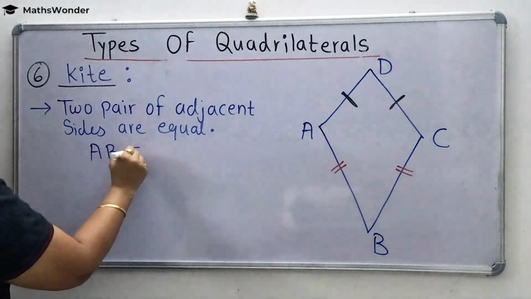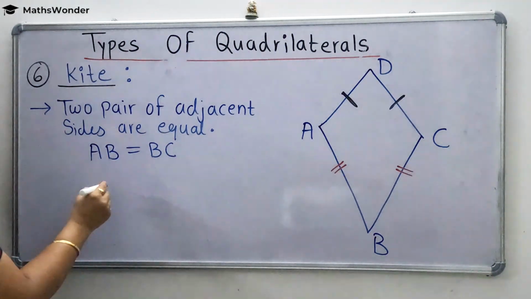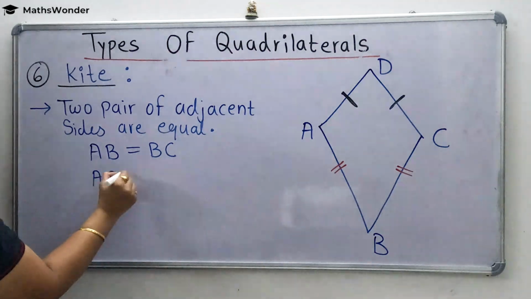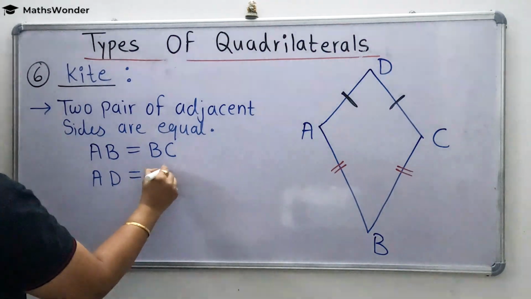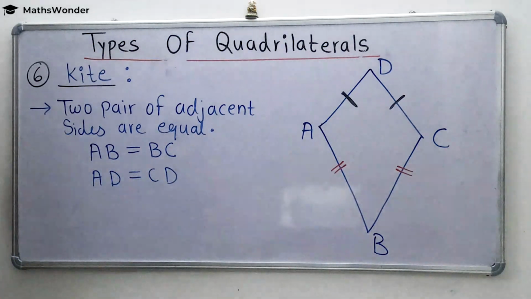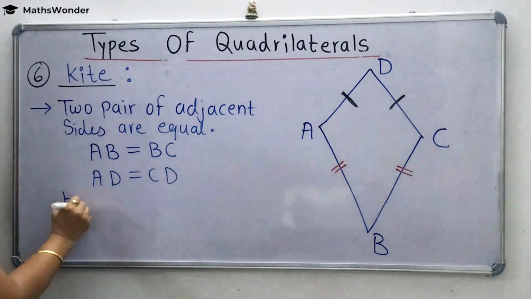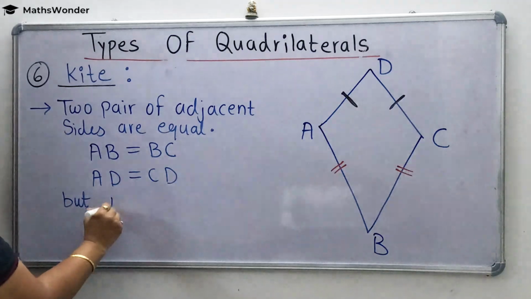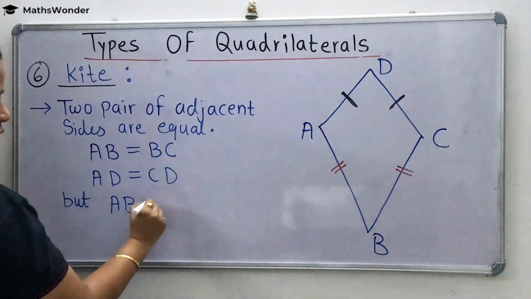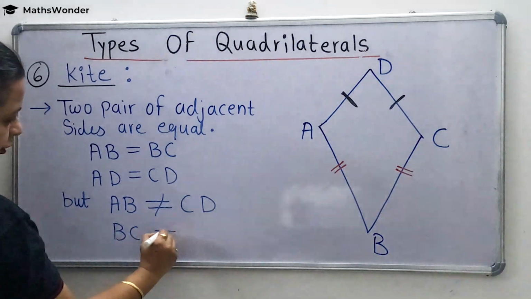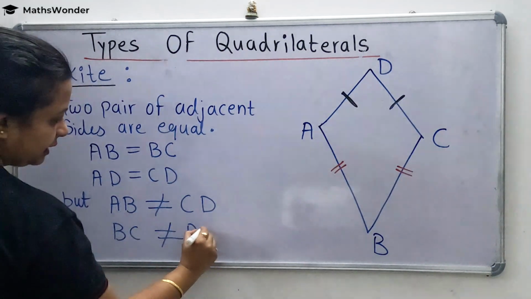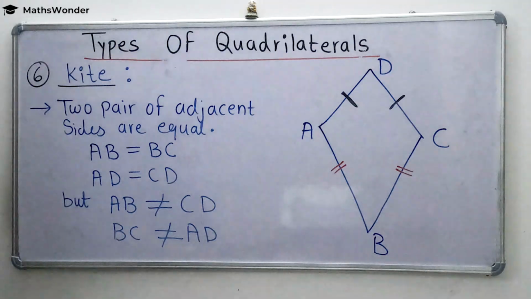AB equals BC and AD equals CD, or DC. But opposite sides are not equal. AB is not equal to CD and BC is not equal to AD. Very important: adjacent sides are equal but opposite sides are not equal.